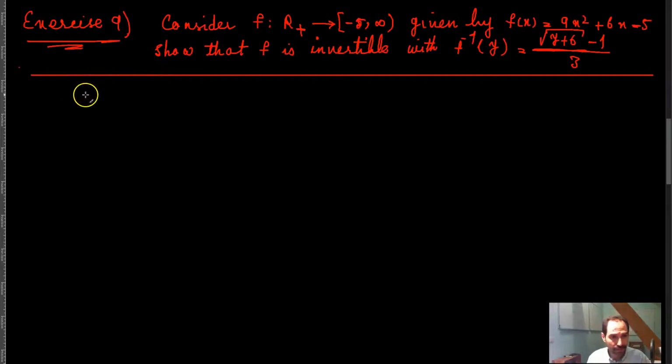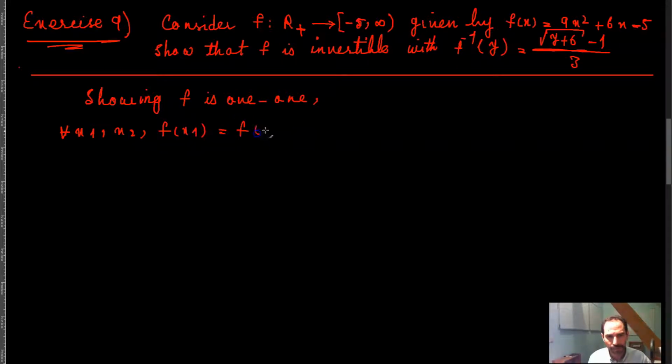Suppose I want to show that f is 1-1. I have to show that for every x1 and x2, f of x1 equal to f of x2 implies that x1 is equal to x2. Now it might actually work, but the last time that I tried this, I didn't get anywhere with it.